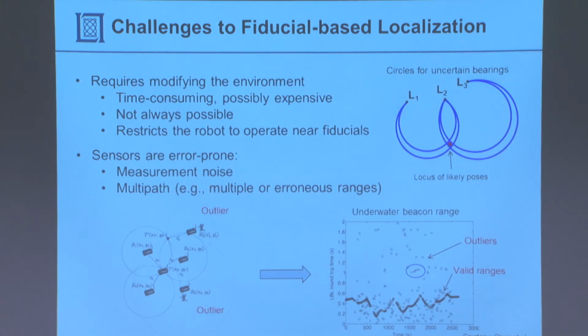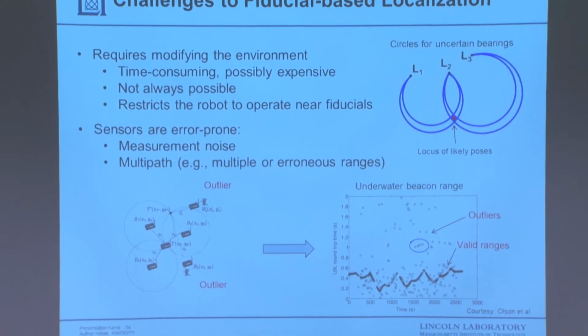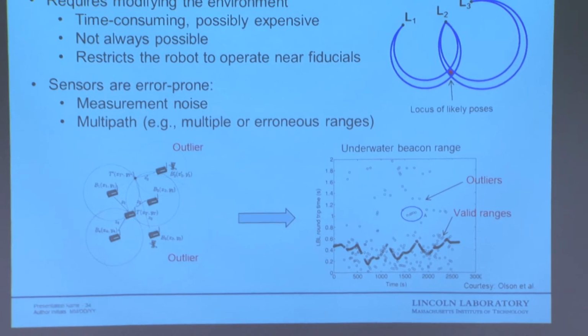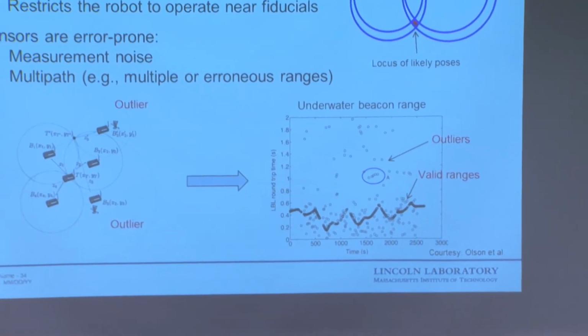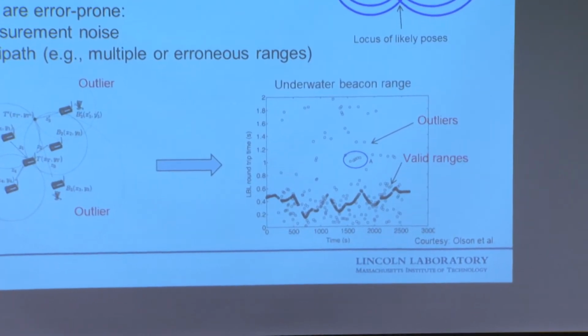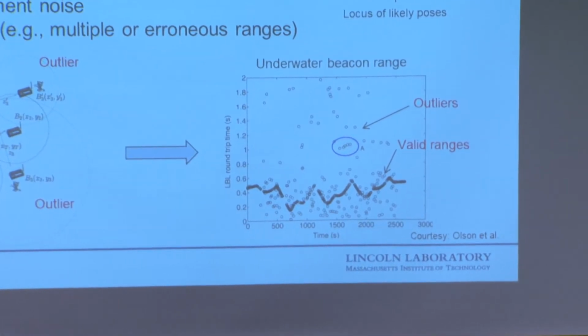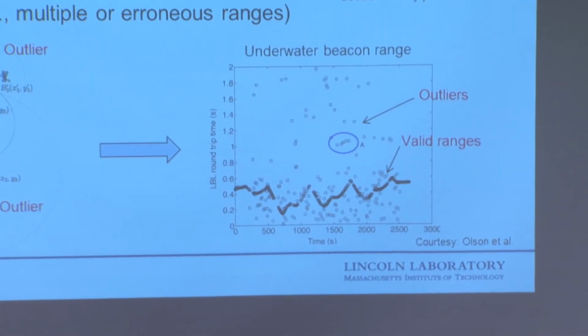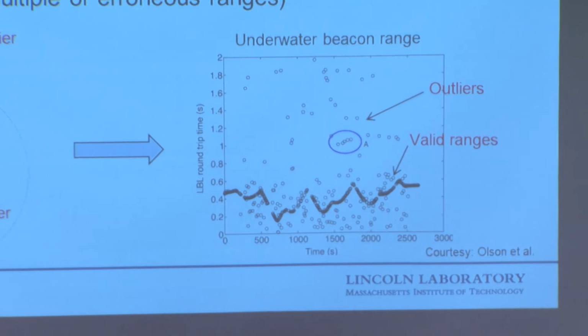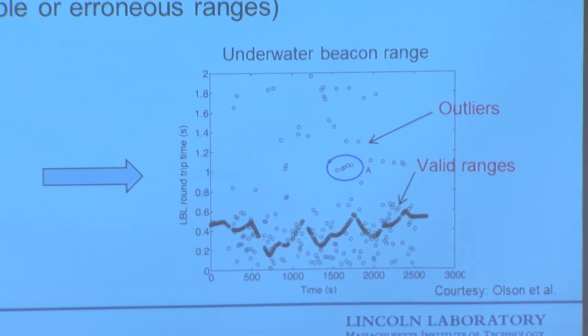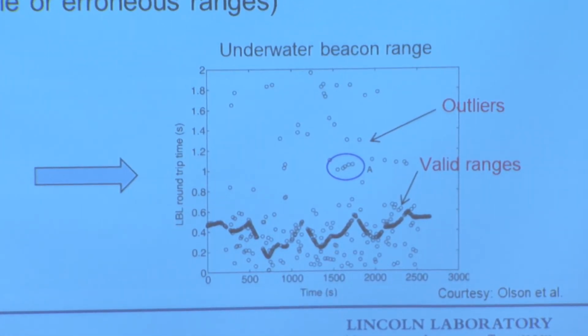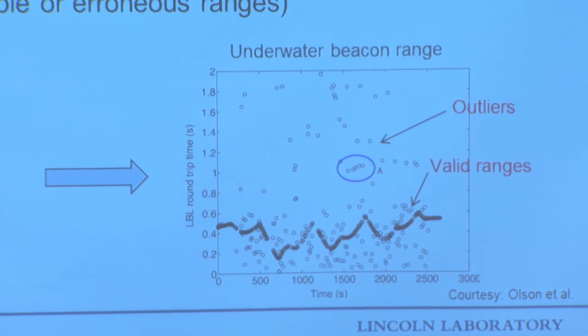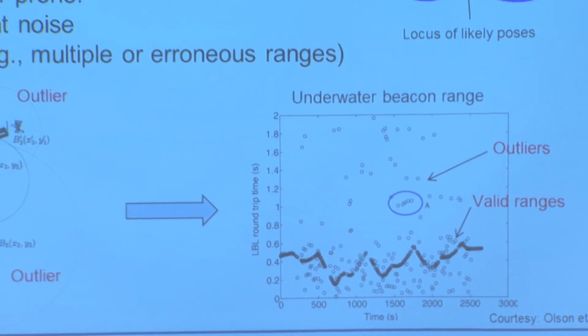So for example, in the bottom right is an example of using underwater beacon distance, and you can see that even though there are a lot of valid ranges that your UUV would get, there are still some errors as well as some really bad outliers. So the sensors that we use are still error prone, so we have to account for that, even though we've engineered these nice fiducials.